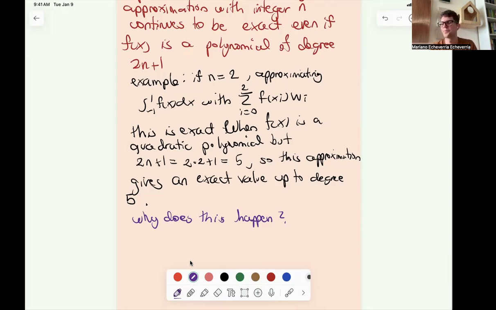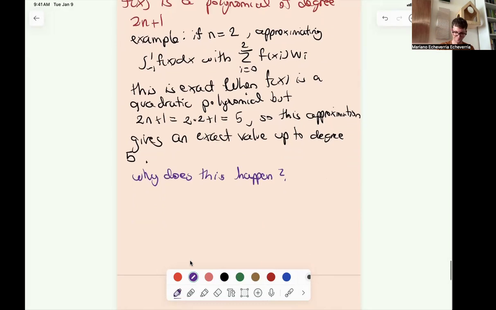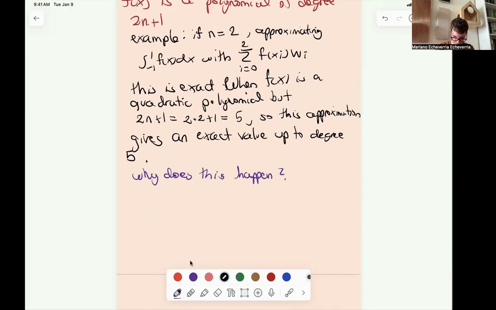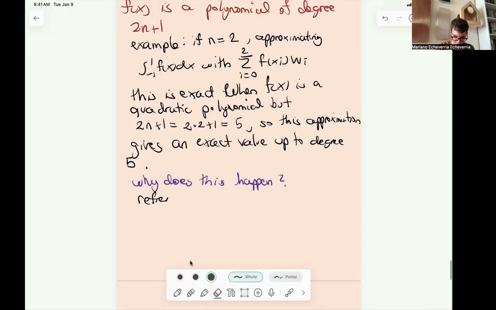First, I have to give you a quick reminder of how division works, a refresher on long division. I promise we won't use it too much.